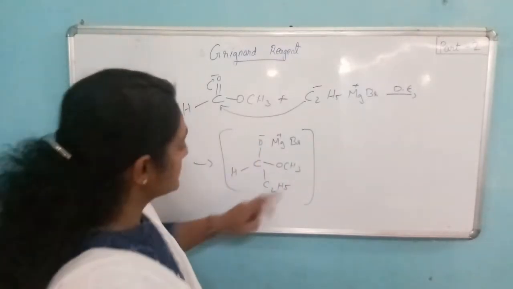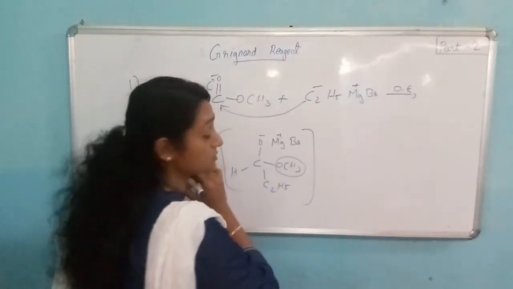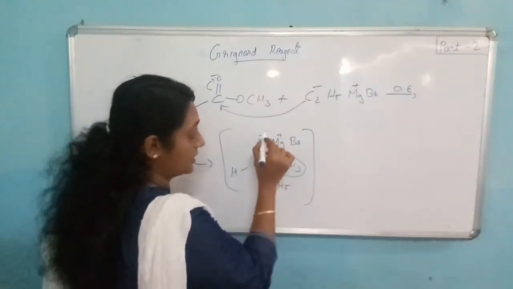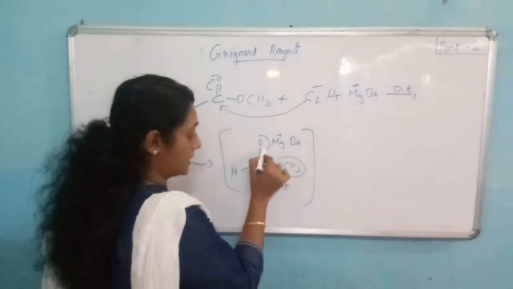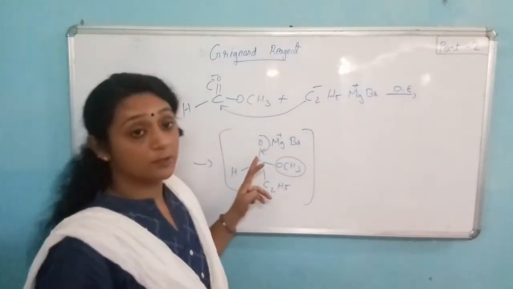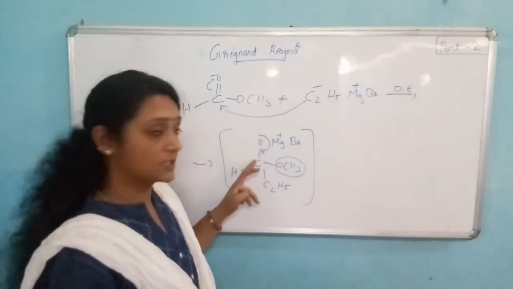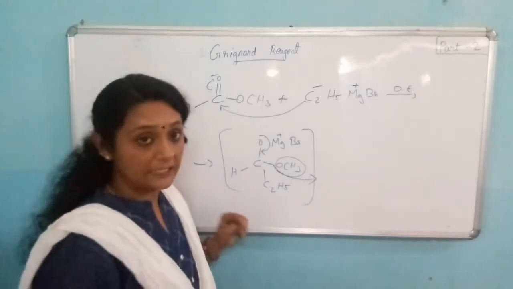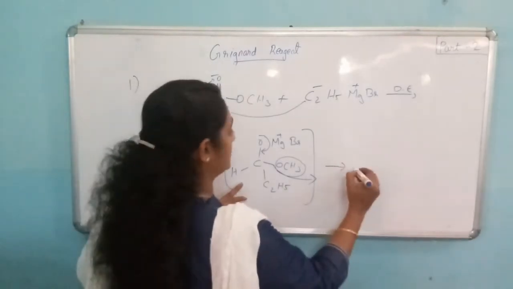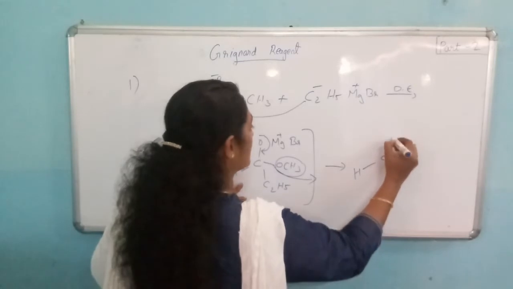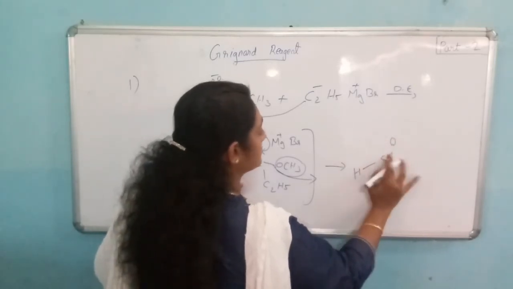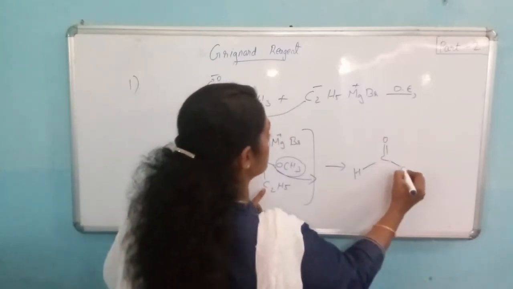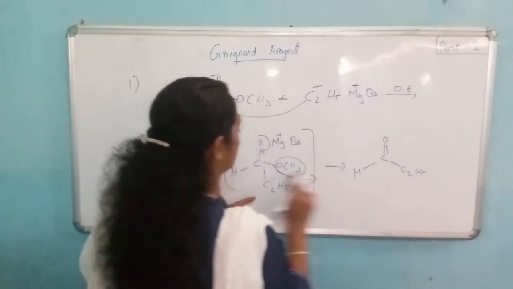So see, there is a methoxy group. Methoxy group has a leaving tendency. Therefore, the electron present on the oxygen comes back and forms a double bond between carbon and oxygen, and therefore this OCH3 group leaves the reaction, and we get HC double bond O, C2H5.